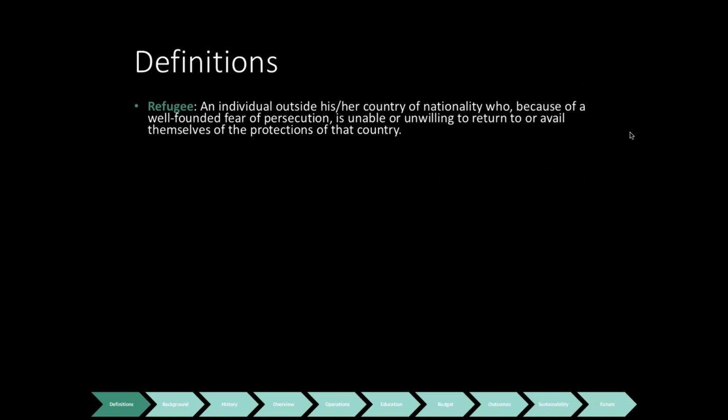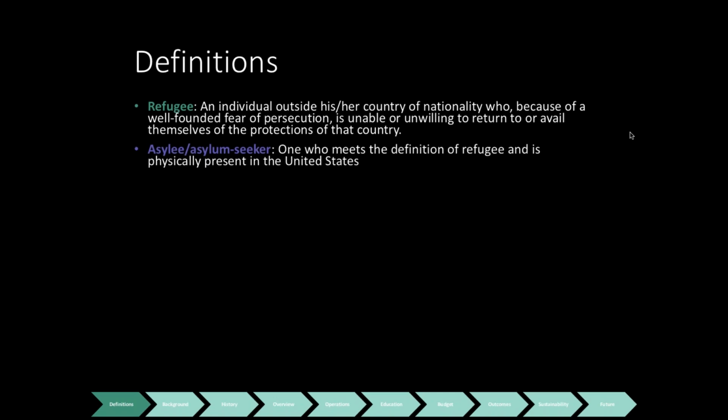So we just want to go over some definitions so that we're all working with the same groundwork here. Many of you may be familiar with these terms, but it's good to go over them. A refugee is an individual who is now outside his or her country of origin because of a well-founded fear of persecution or because of persecution itself, and they are unable or unwilling to return.